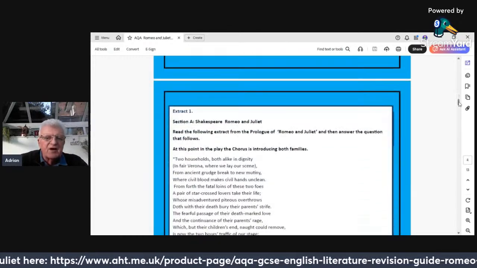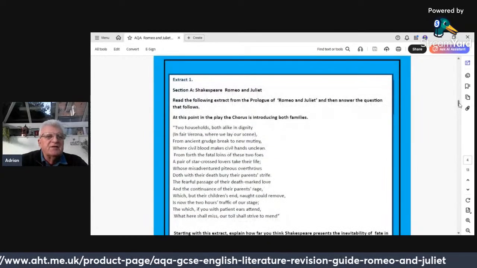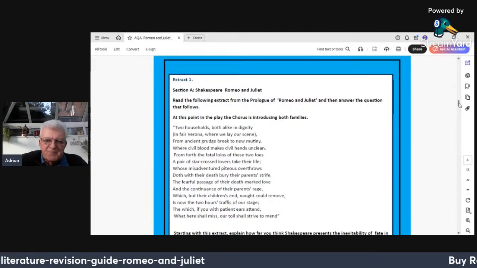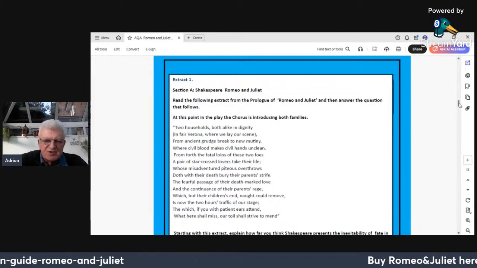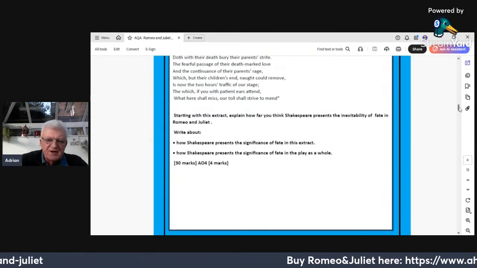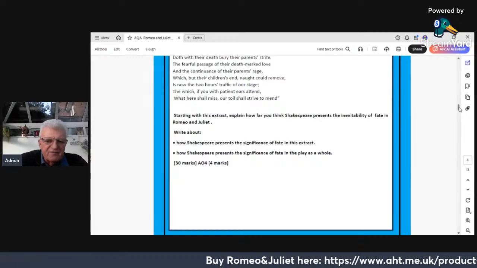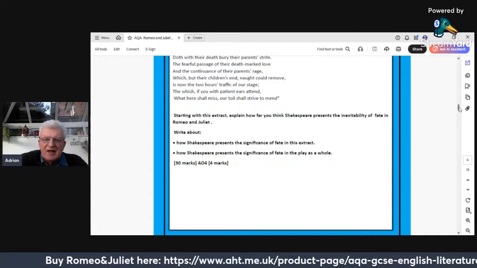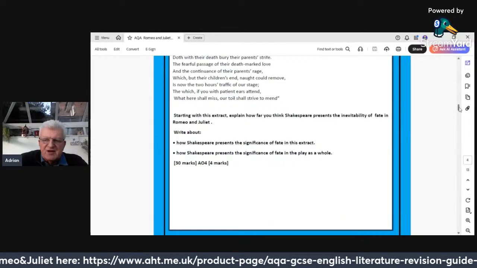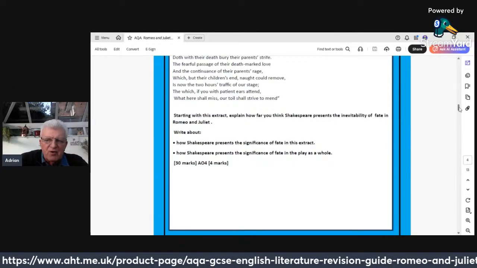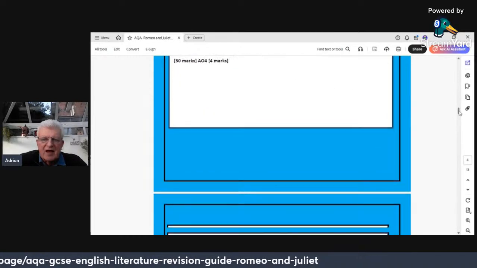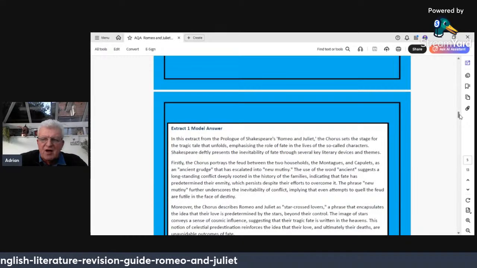And then after that, I've done what would be a question based on AQA GCSE English Romeo and Juliet, and you get an extract, and then it asks a question below, and it tells you the marks and the AO4 marks, which is probably the contextual marks there. And then after this, the students can have a go at doing this on their own, and then they can look at an extract model answer of that question.